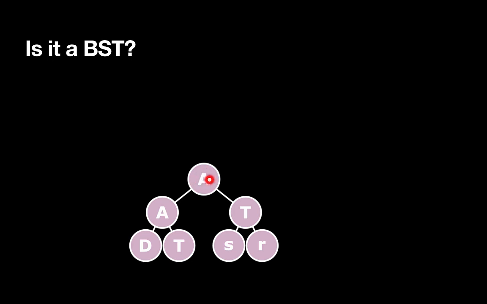We'd expect everything in the left subtree, this entire subtree that contains DAT, to come before the key in the parent node. And we can see that there are some counterexamples here. The D and the T are letters that are alphabetically after A. So it passes some tests, but there are certainly examples where this violates our order property.